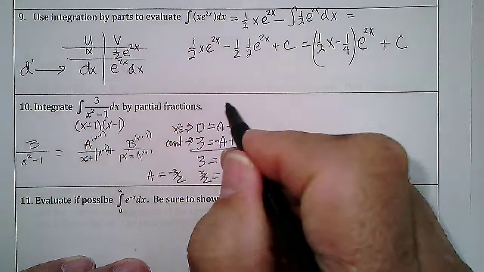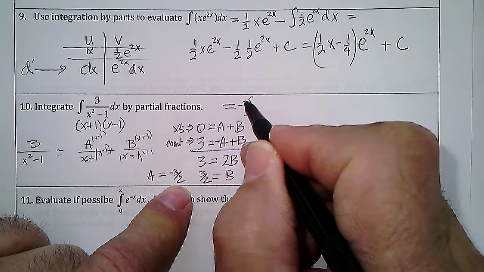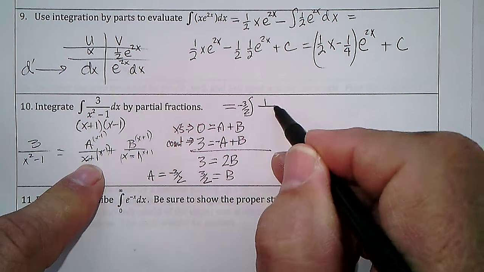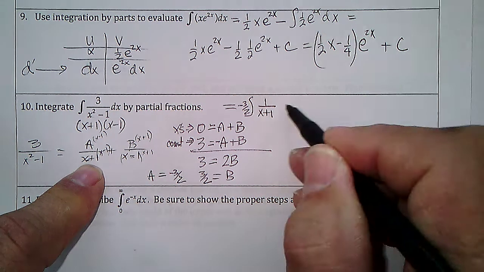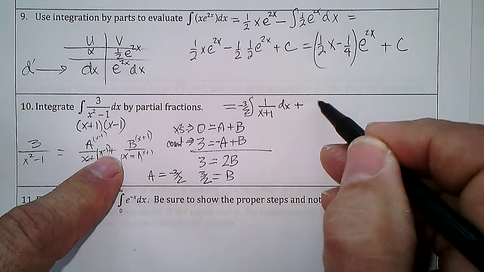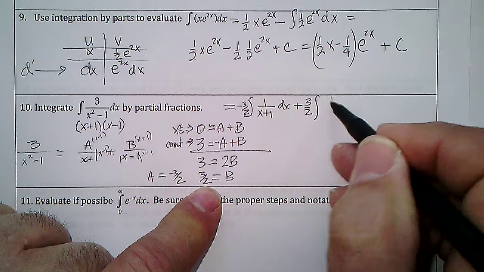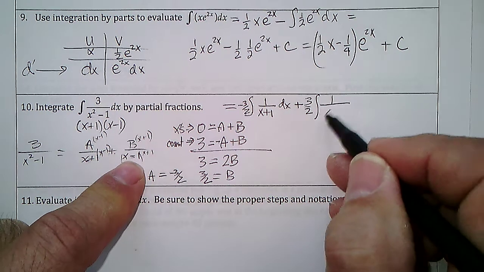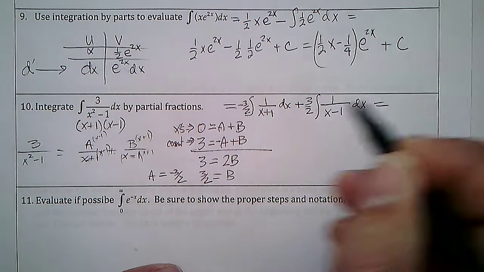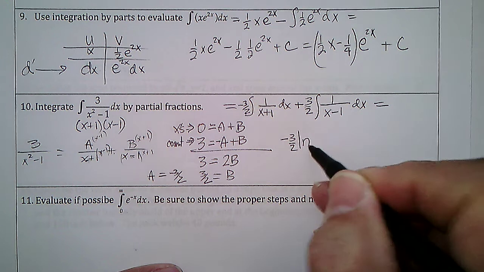So this integral changes to the integral of negative 3/2, the a could come out, of 1 over x plus 1 dx, plus the b can come out, and that's 3/2, the integral of 1 over x minus 1 dx, which is minus 3/2 ln of x plus 1.